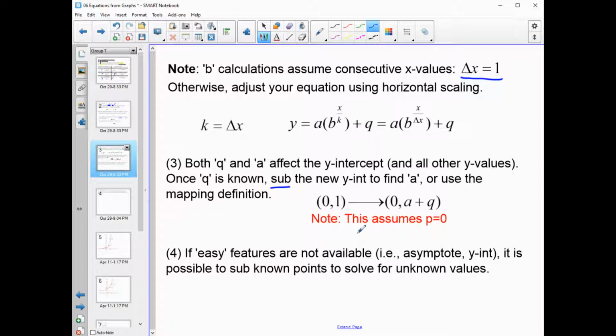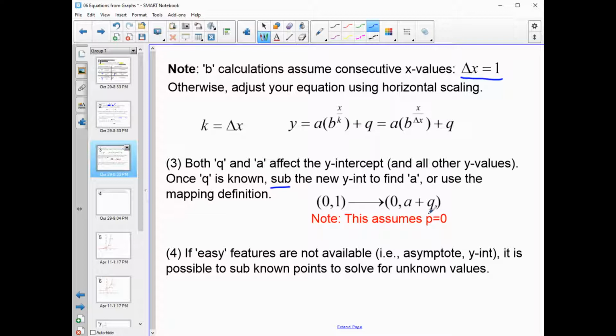This is based on the mapping rule, if you're familiar with that, which is that the original y-intercept, which is always at (0, 1) for an exponential function, has been moved to a plus q. The q has moved the asymptote, and then the a describes the distance from the asymptote. And so overall, you get this a plus q combination.